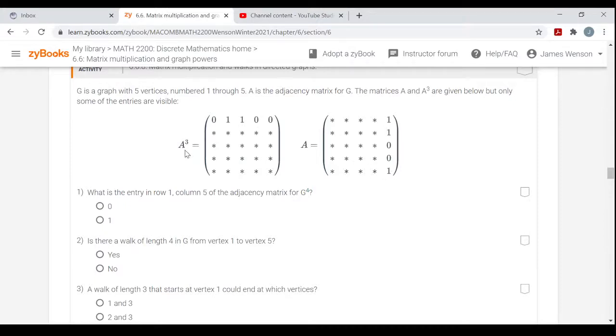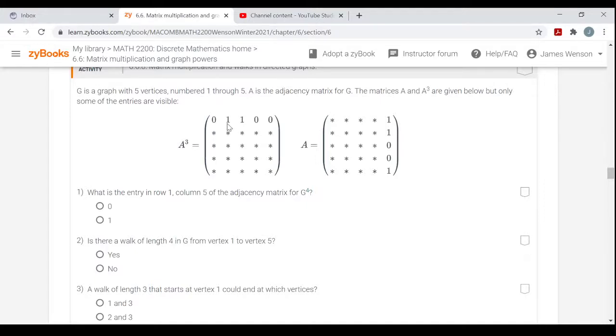And then they give us A cubed, which would be the matrix for G cubed. Now when you see ones in here, that means that there's a walk of length 3 back in the original graph G. You see here, row 1, column 2 is a 1.